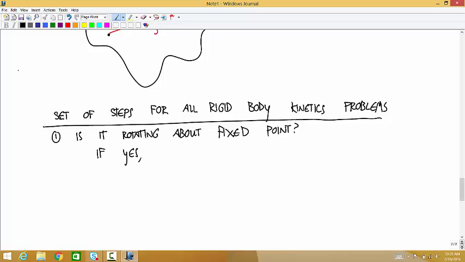If yes, the fixed point is the about point. If there's no fixed point, then make the center of mass the about point.